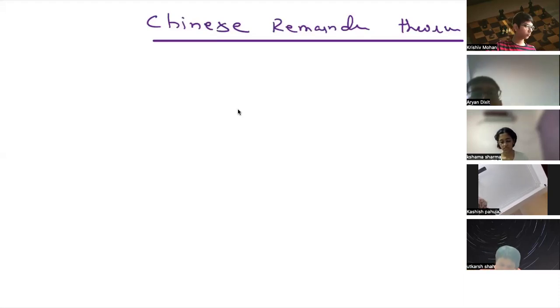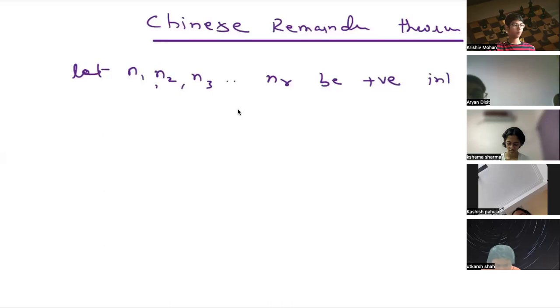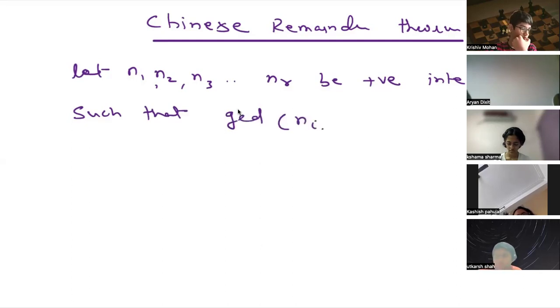So let's settle down exactly what this Chinese remainder theorem is in mathematical form. Let n1, n2, n3 up to nr be positive integers such that GCD of ni and nj is 1 for all i not equal to j, in a linear congruence.